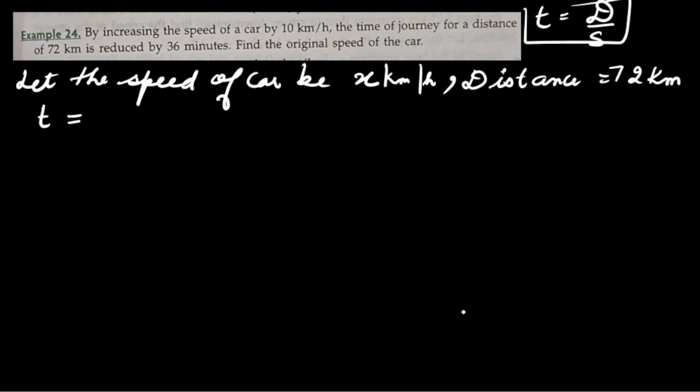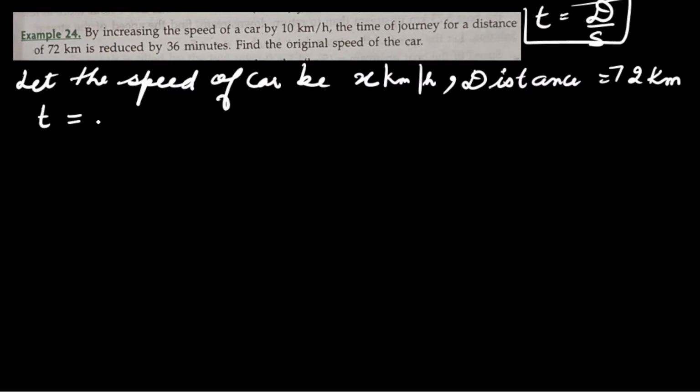Whenever you increase the speed, time will be less, you will reach somewhere earlier. So because the time difference is given, we will always find the time for both situations, for the original speed and after the increased speed.